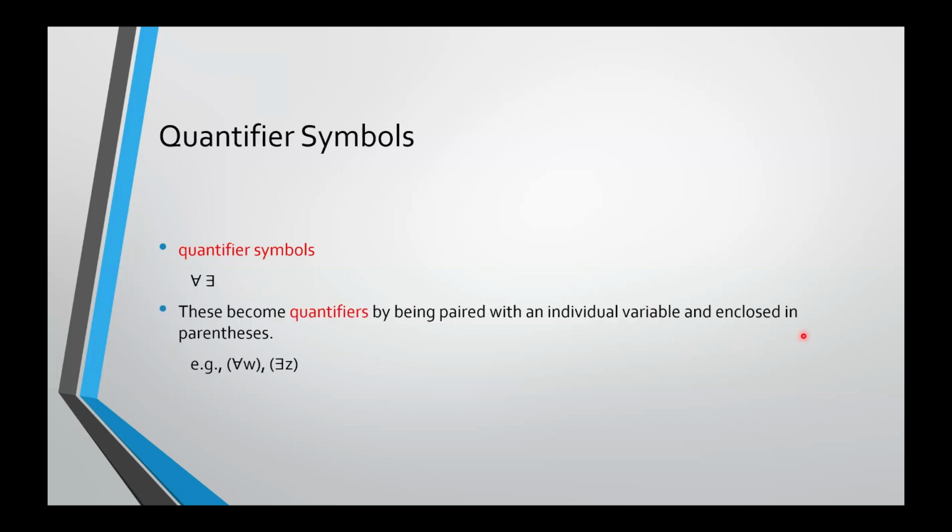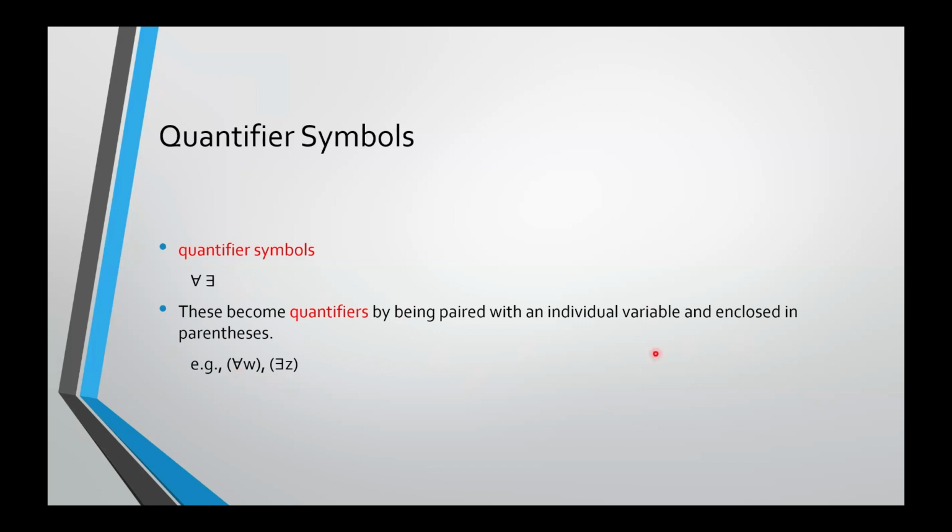And these are used to construct quantifiers. So what you do is you pair them with an individual variable, right? Lowercase x through z, and then enclose them in parentheses. So these are examples of quantifiers here.